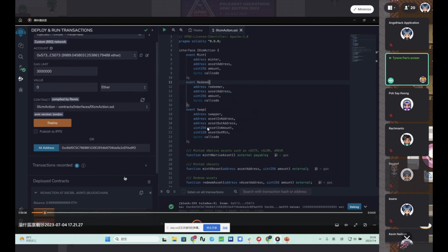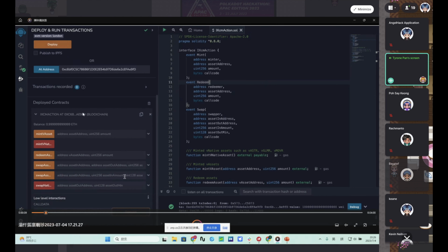All right, there are 10 vASTR at the beginning, the address of the SLPX contract, and some functions like mintVAsset.